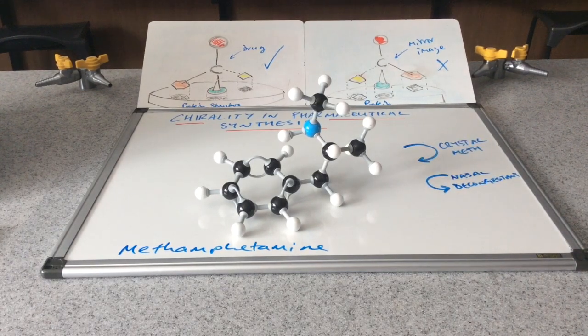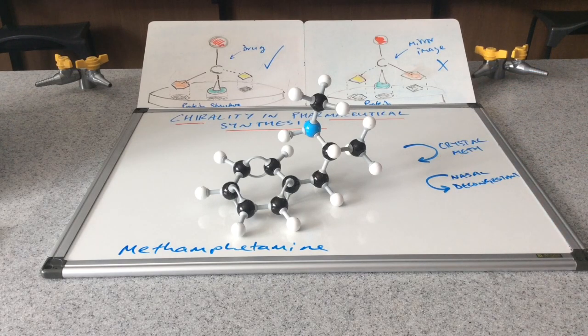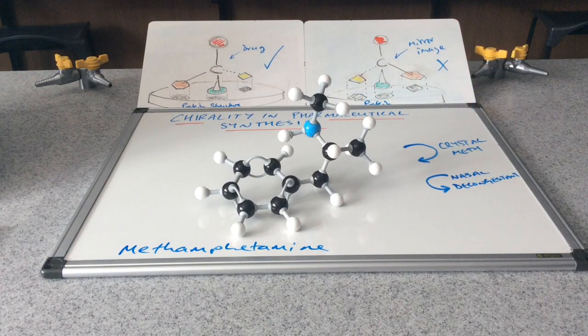Now I've drawn up my clockwise and anti-clockwise arrows to show the two different effects on plane polarized light. The form of methamphetamine that rotates plane polarized light in a clockwise direction, the dextrorotatory form, is the molecule present in crystal meth.